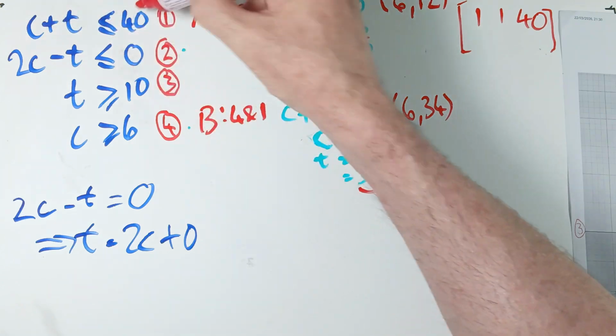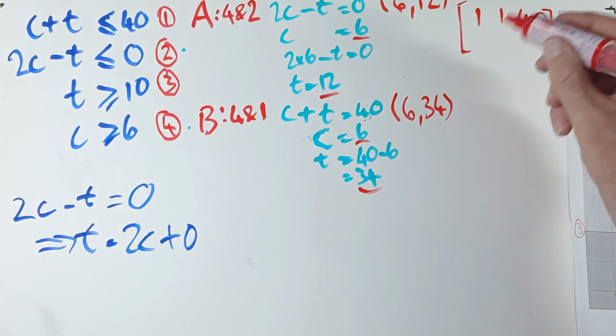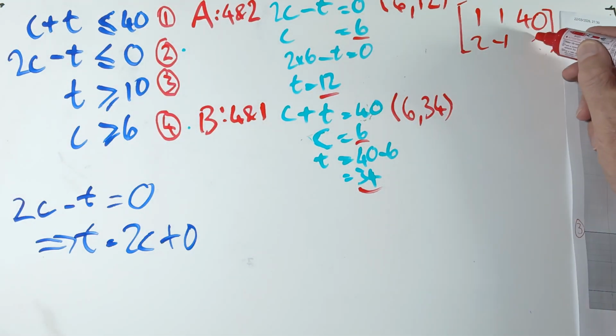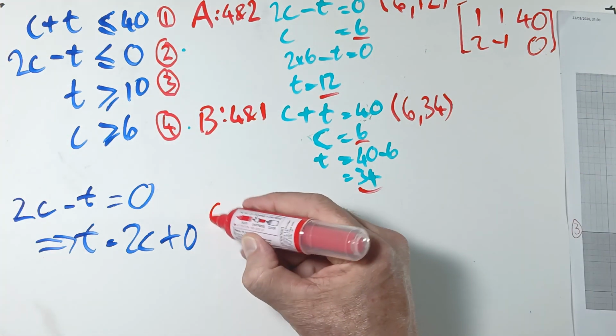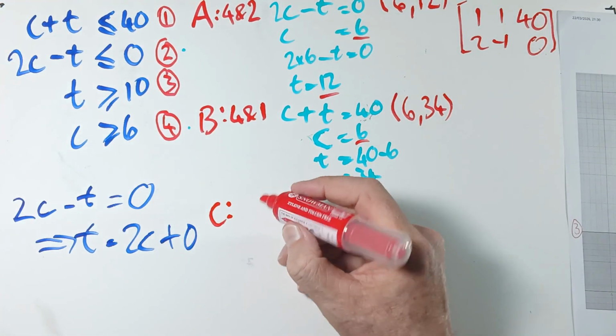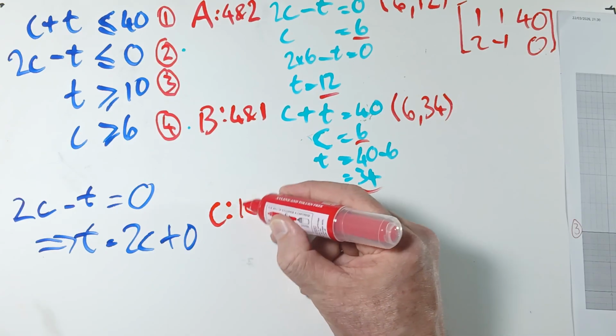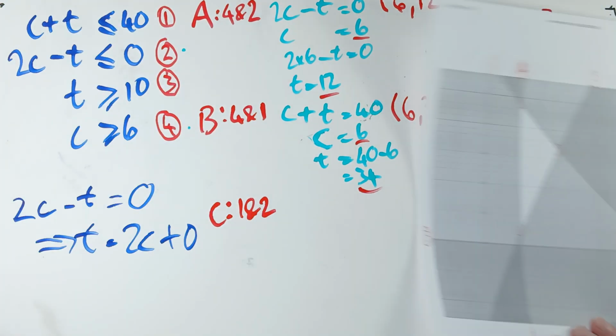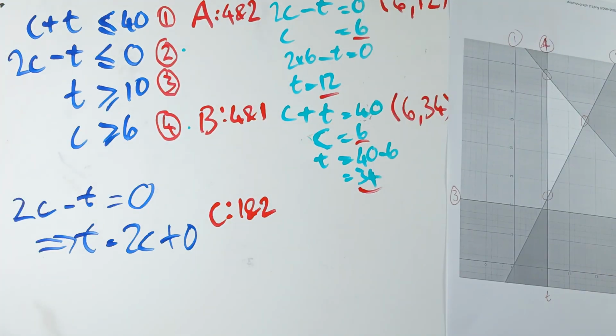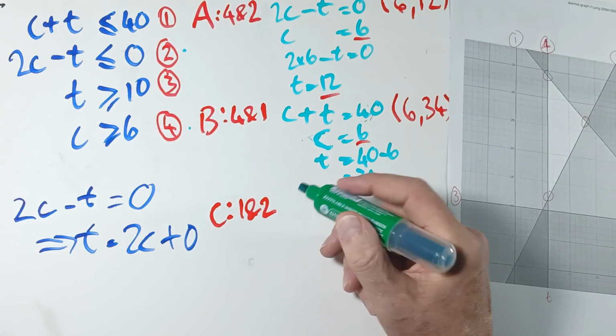For 1, 1, 40, and 2, minus 1, 0. And solve it, but we're going to solve it by hand. So that's the intersection of 1 and 2. Just copy them down.